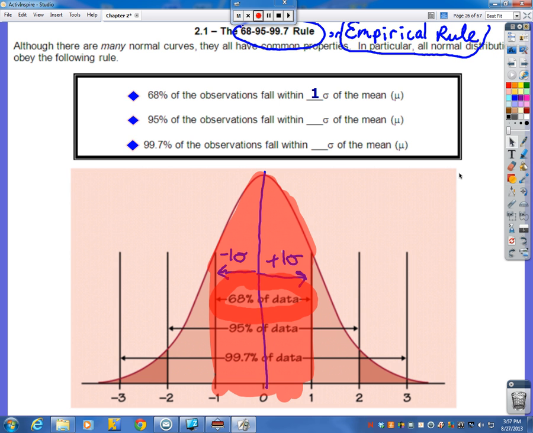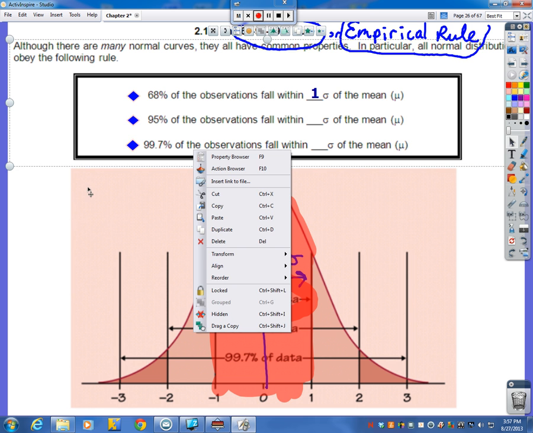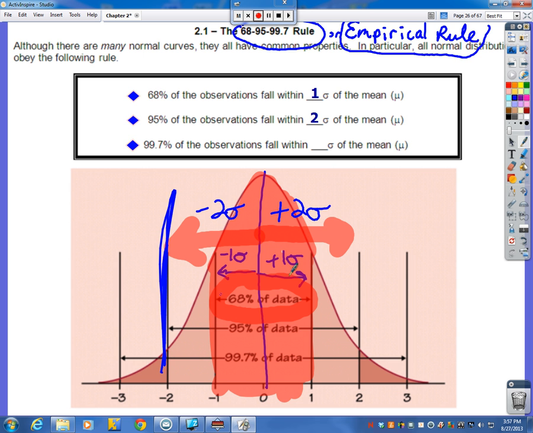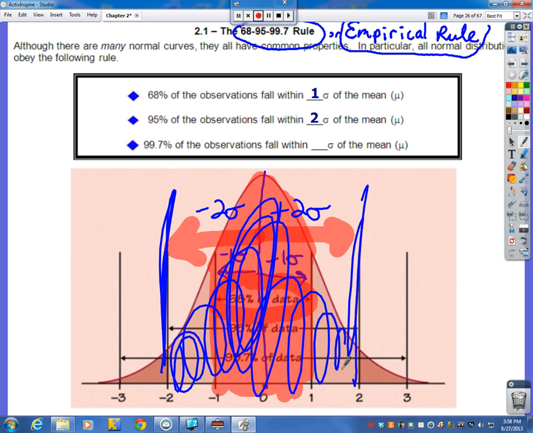It's not an exact thing, it's an approximated thing. 95% of all observations will fall within 2 standard deviations of the mean. So if you were to go down and up 2 standard deviations, plus 2 sigmas and minus 2 sigmas, between here and here, underneath your curve, that's about 95% of everything.